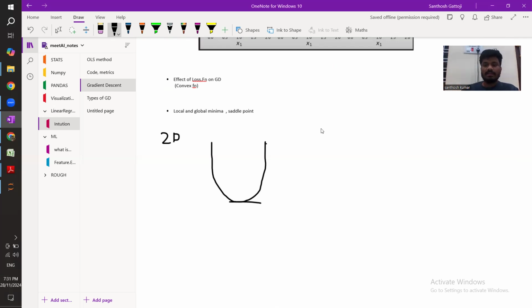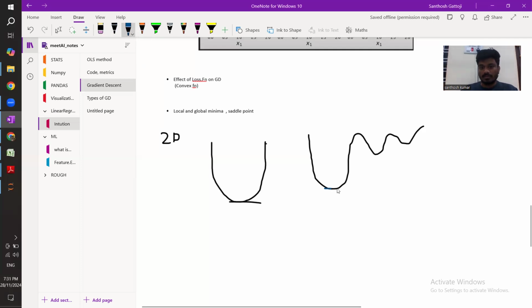In that case there is a possibility that the loss function might be something like this also. Over here there are multiple minima. What is a minima? A minima is the point where you can see a minimum loss. Over here also there is a minimum loss.